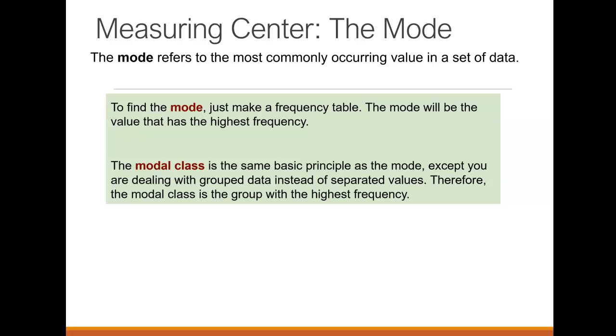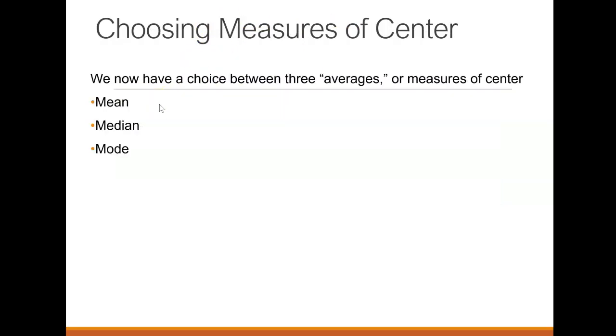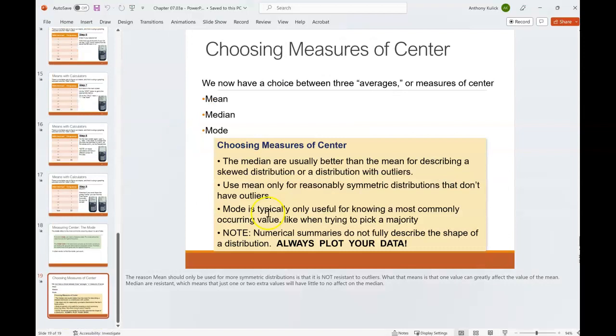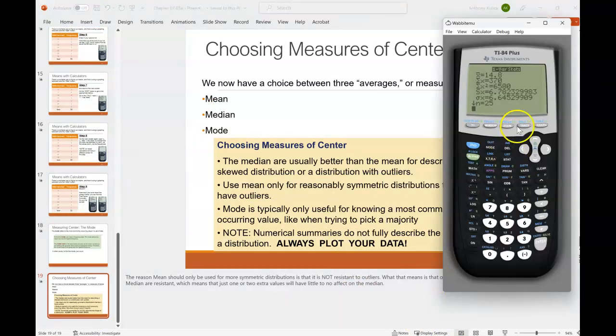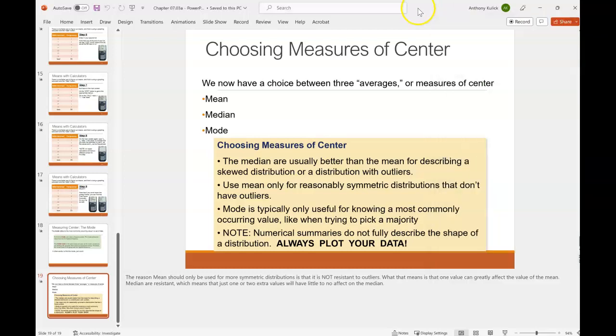So the mode could be an individual measurement, or it could be a group of measurements. That would be a modal class. So to find the modes, we just have to count. Worth pointing out to you, if you look at your calculator. No, does it not give us one of those? I thought it did. Okay, never mind.